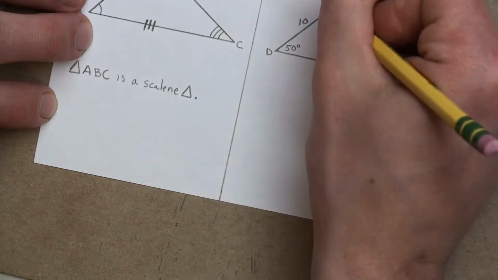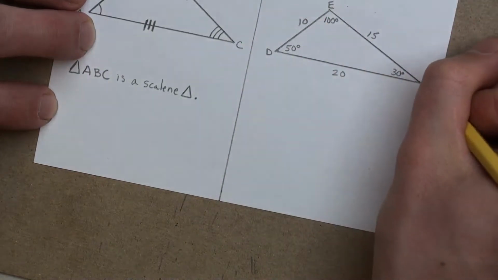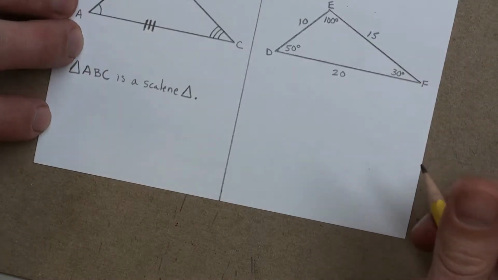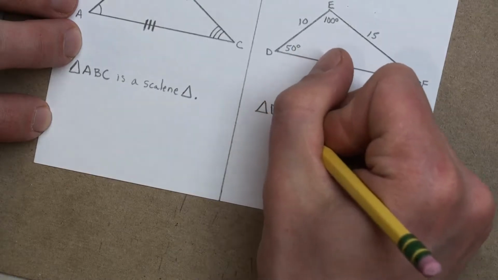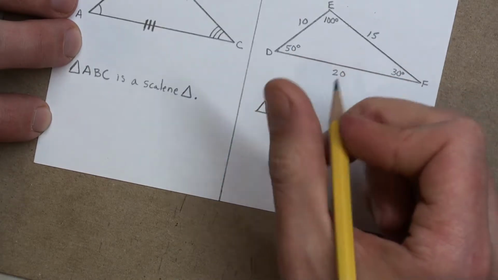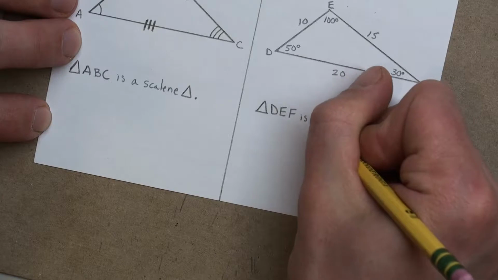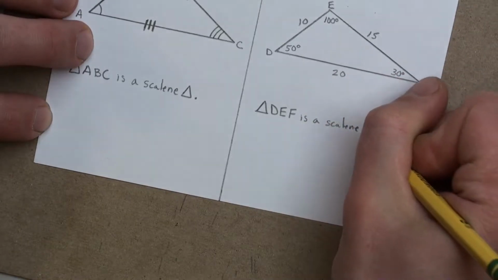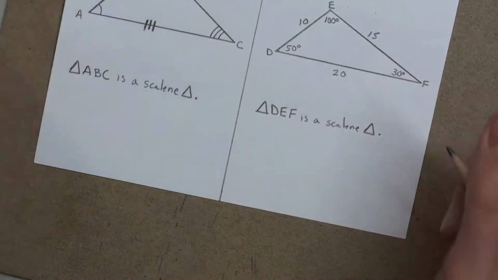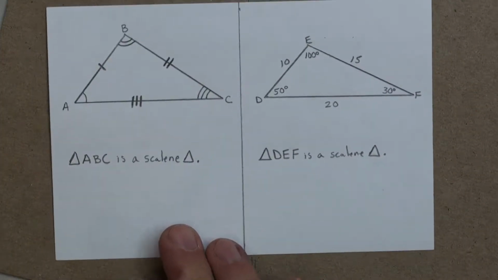Let's call this D, E, F. So triangle DEF is a scalene triangle. Okay?